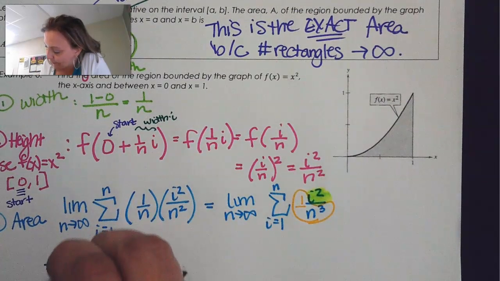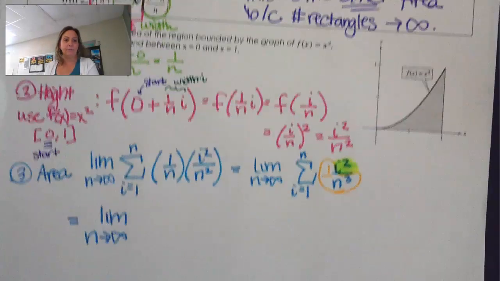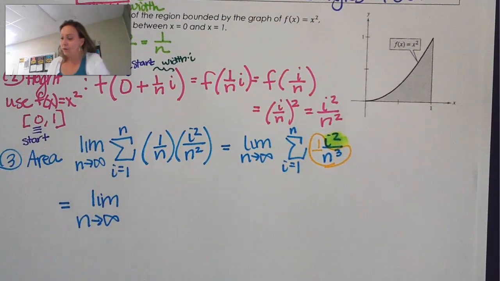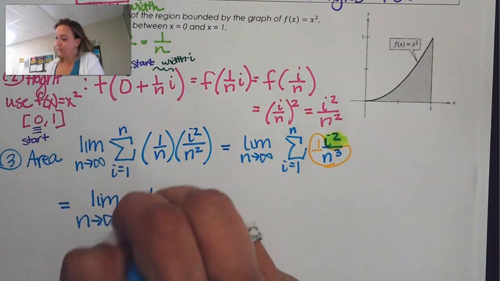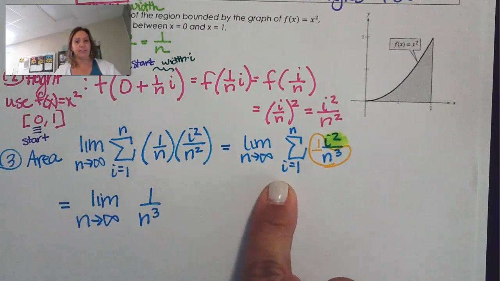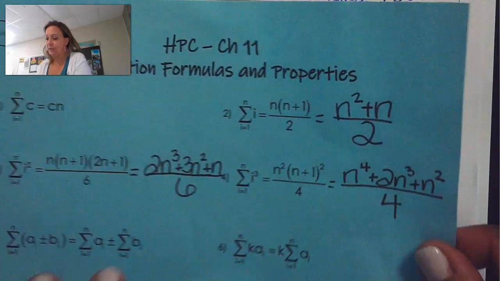So we're going to keep the limit as n approaches infinity, and then we're going to pull out this constant, 1 over n cubed. But now we're going to use the sum rule for the sum of i squared from 1 to n, and this is where we can use that sheet.